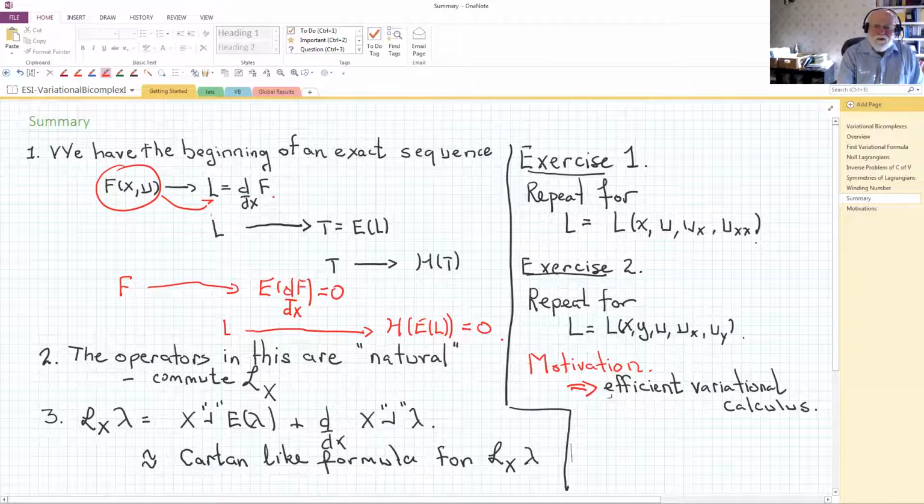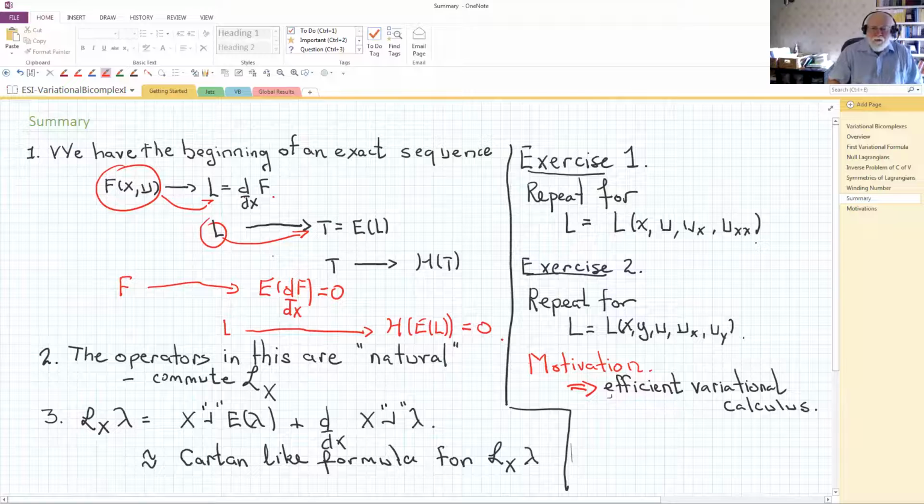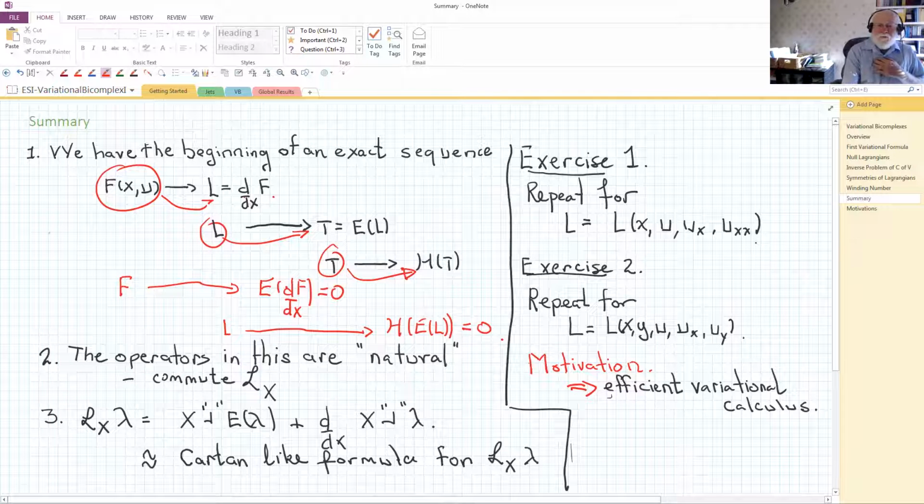Then you have a Lagrangian, and if you have a Lagrangian, you calculate its Euler-Lagrange expression, and you get a differential operator T. If you have a differential operator T, you can calculate its Helmholtz conditions, and this sequence, functions, Lagrangians, operators, is exact. F goes to E of F is 0. L goes to H of E of L is 0.